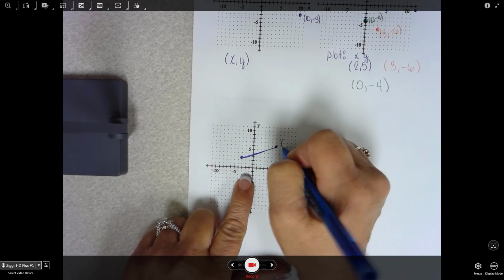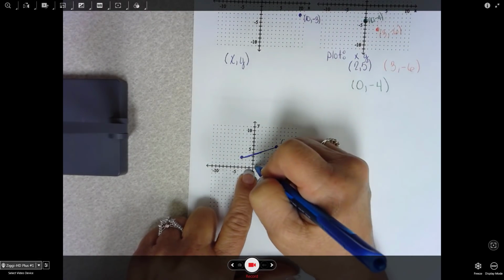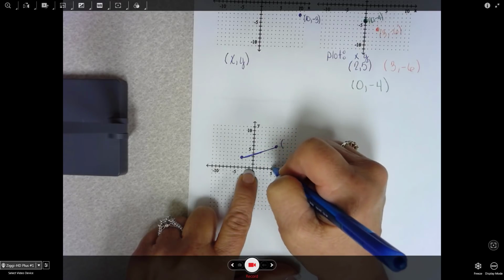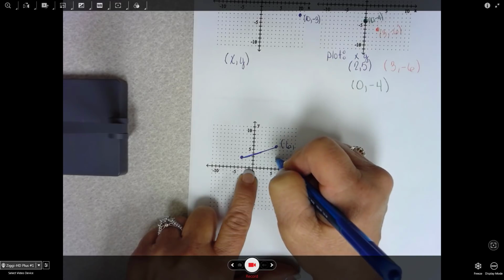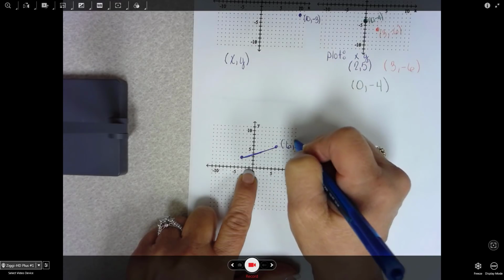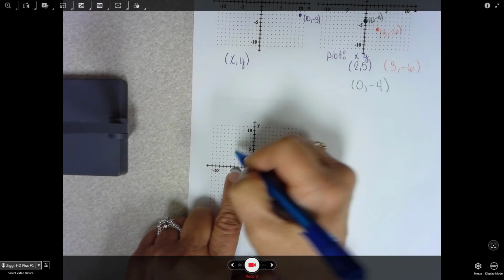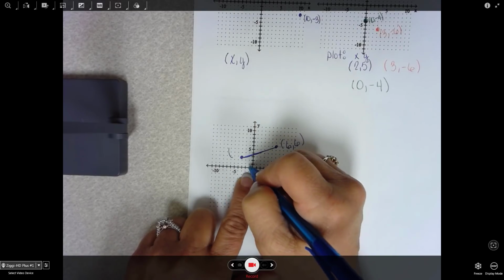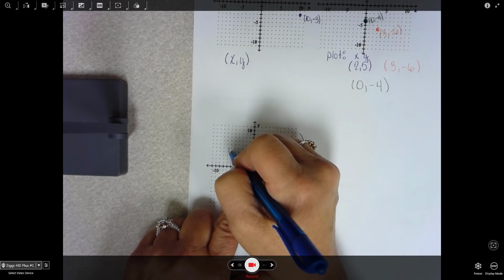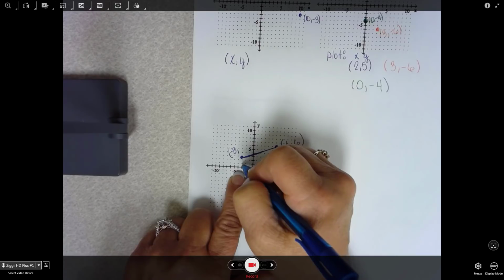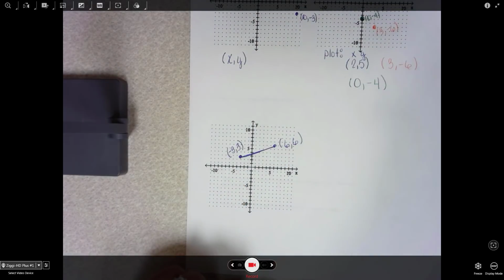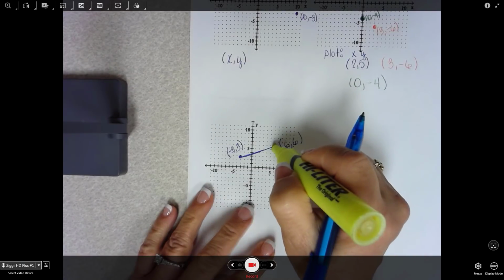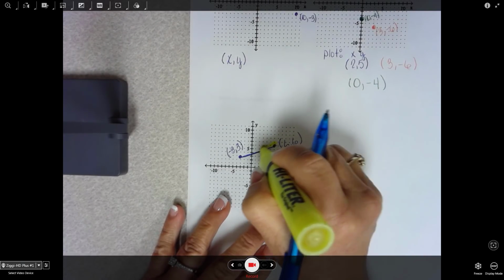This coordinate is 1, 2, 3, 4, 5, 6. 1, 2, 3, 4, 5, 6. This one would be 1, 2, 3, negative direction, 1, 2, 3, and up 3. So I need a way to find the distance sometimes.